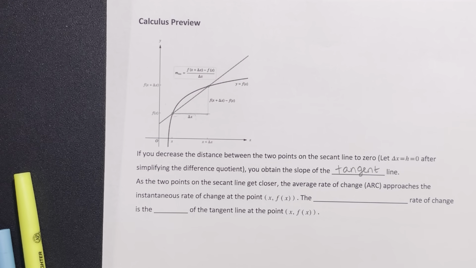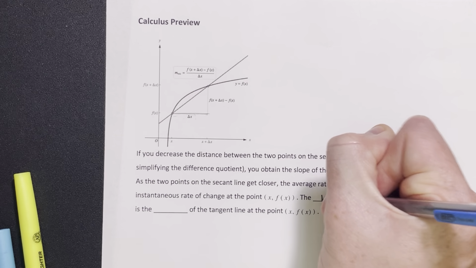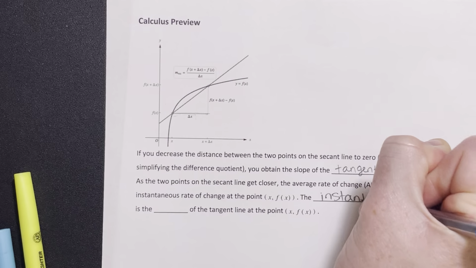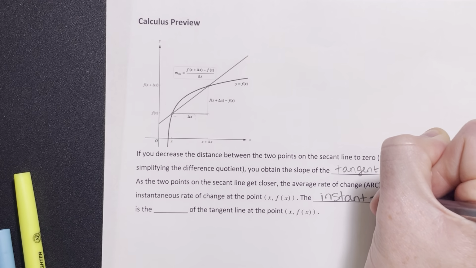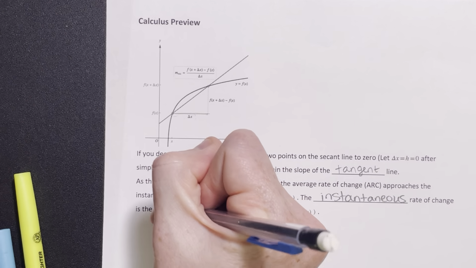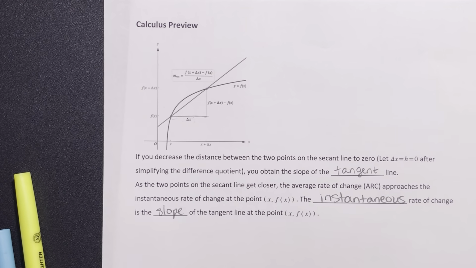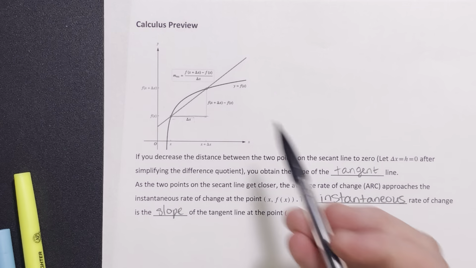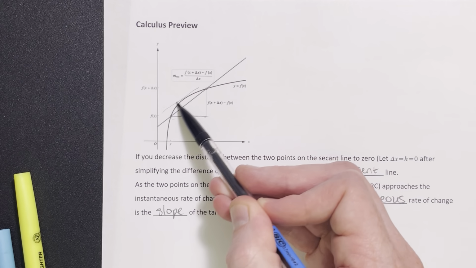And as the 2 points on this secant line get closer, that average rate of change approaches the instantaneous rate of change. So we're looking at what is that average slope between the 2 points to what is the instant slope at that 1 point. The instantaneous rate of change is the slope of that tangent line. So the difference quotient is going to help us in calculus eventually find the slope of a tangent line.